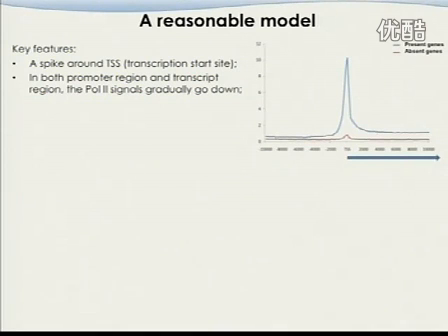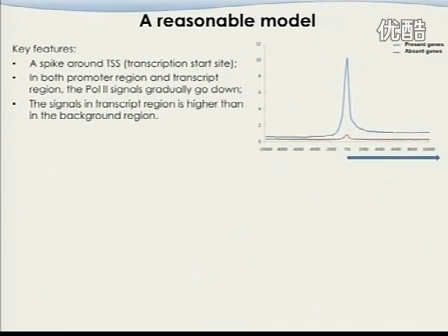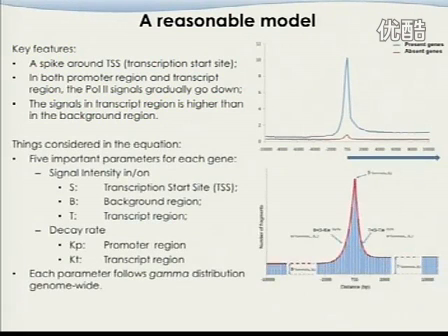This is dropping. And we also see that in the transcript region, the signal is higher than in the background region. Again, nothing surprising. We just want to look at this in a little more detail, as that can help us to design some graphic models to model this whole shape.